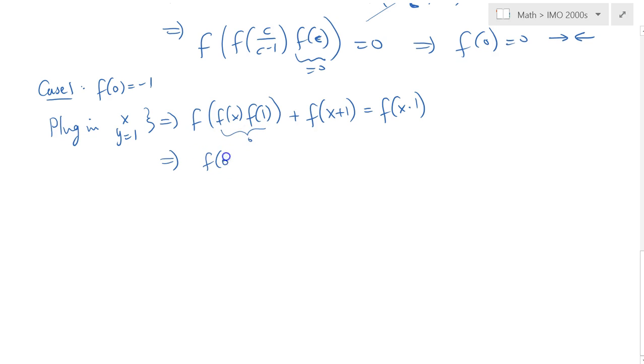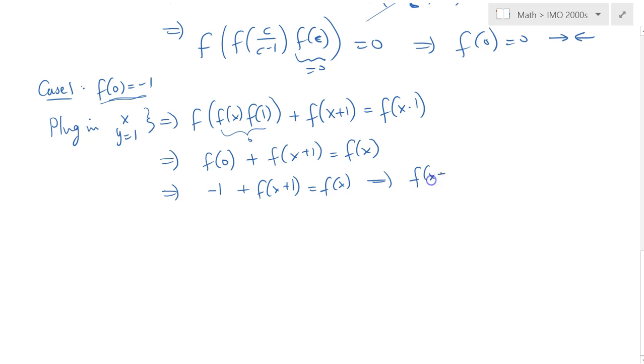And so we have f of 0 plus f of x plus 1 is equal to f of x. Now, as we said at the beginning, we are in the case where f of 0 is equal to negative 1. So this would further imply that minus 1 plus f of x plus 1 is equal to f of x. Or after organizing this, we get f of x plus 1 equals f of x plus 1.